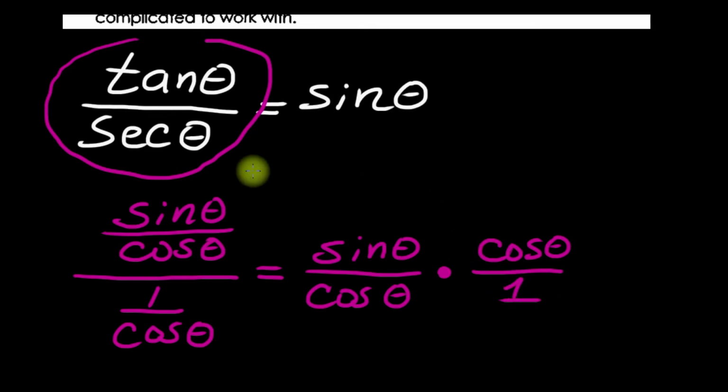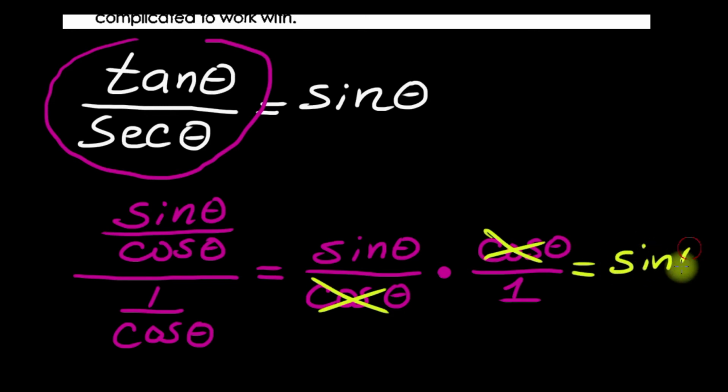Then we can cross out the cosine theta, and you're left with sine theta over 1, which is the same as sine theta. See how it's the same as the right-hand side of the equal sign? So you proved it by showing you have the same on both sides.